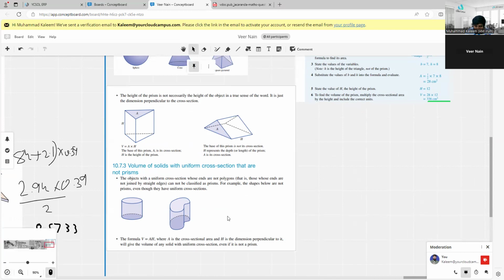Is this visible to you? In this shape, how can we find the volume? I'm telling you the area of this shape and the height of this shape. We know that. How can we find it out?